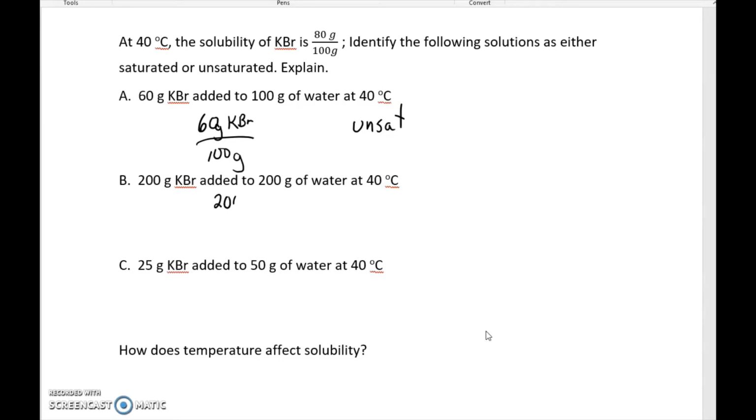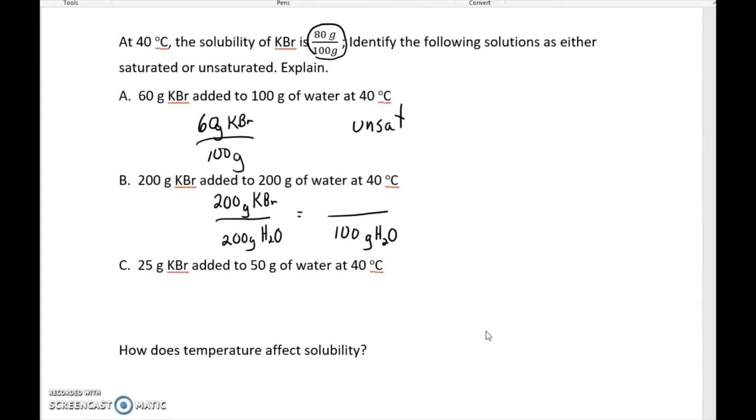200 grams of our potassium bromide in 200 grams of water. Well, we need it to look like this one up here. So we'll need to use ratios. At 100 grams of water, well, to get from 200 to 100, we had to divide by 2.